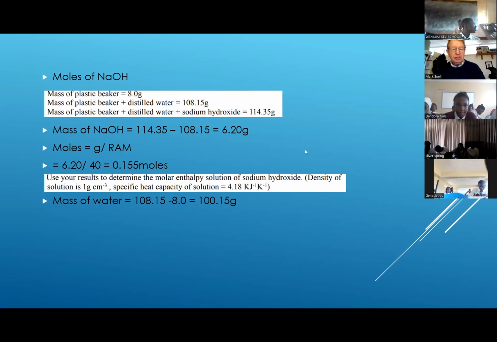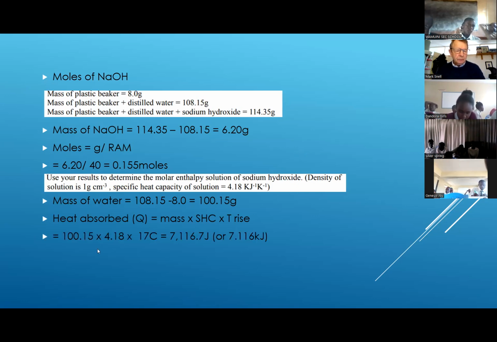The total temperature change and the specific heat capacity, that's mc delta T, is 100.15 times 4.18 times 17, which we just got from the graph, which is 7,117, or 7.117 it should be, kilojoules.